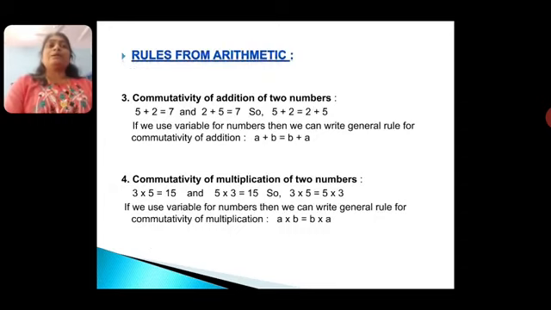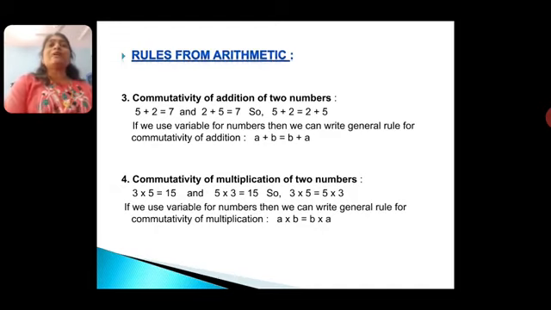Now, rules from arithmetic. In arithmetic, using numbers, we use many properties of numbers. That means commutativity for addition and multiplication, associativity and distributivity. Let us see these properties one by one. First, commutativity of addition of 2 numbers.